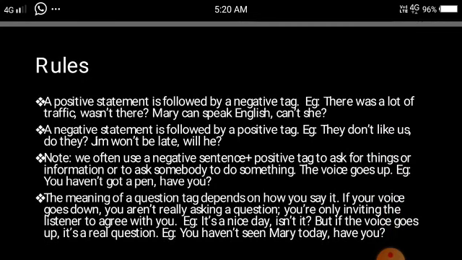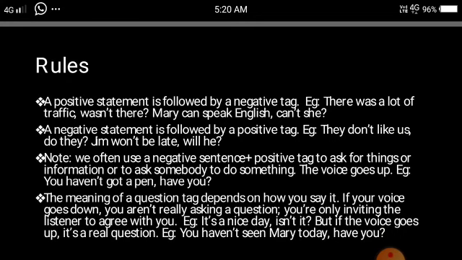So let us look at the rules. A positive statement is followed by a negative tag. The same sentence we will once again repeat. It is very cold today. I've already explained, is becomes negative.